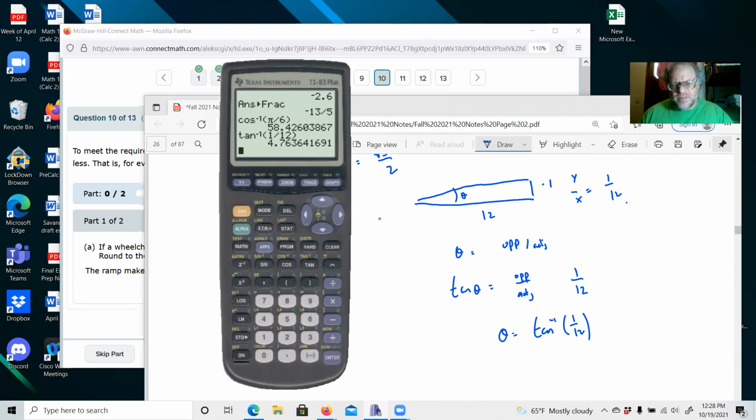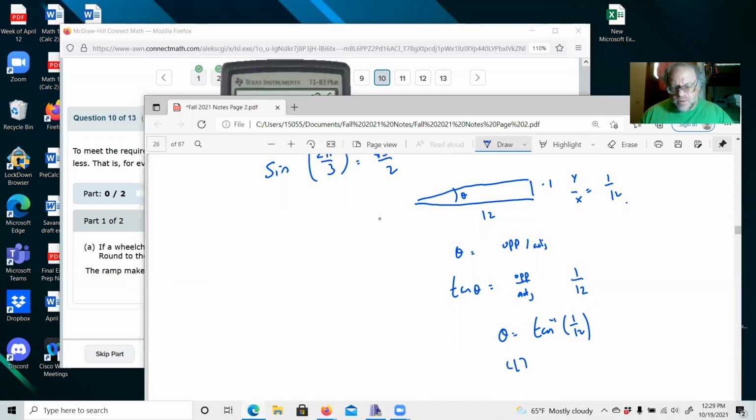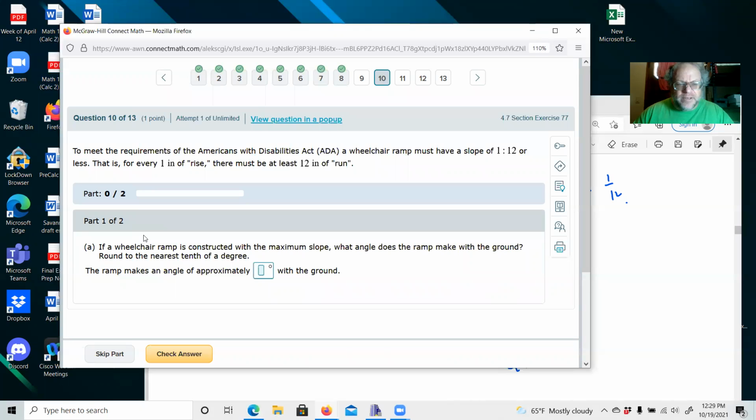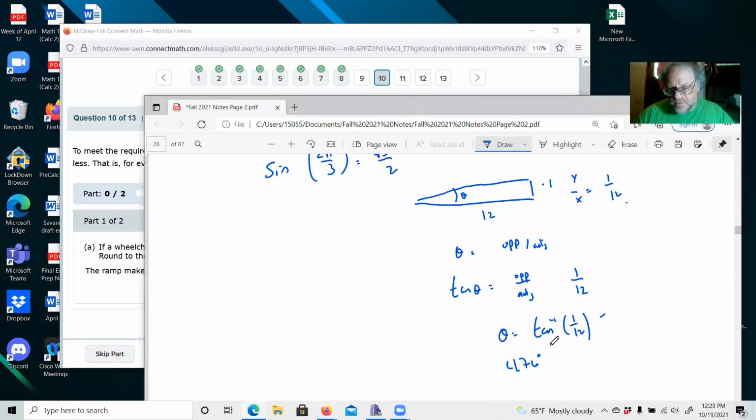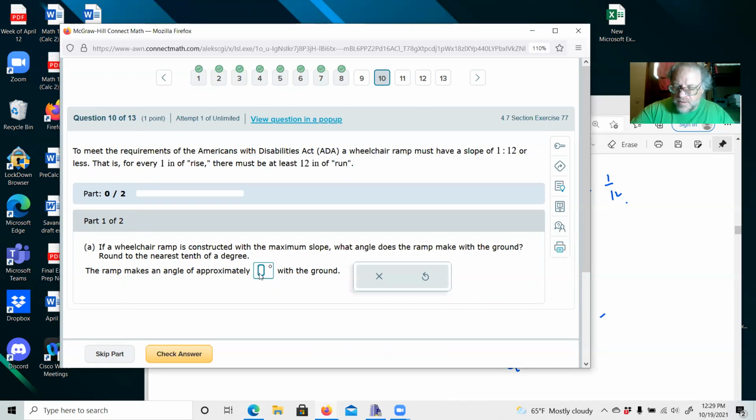So about 5 degrees, 4.76 degrees. What do they want the answer to be in? To the nearest tenth of a degree. So we're going to say 4.8 degrees.